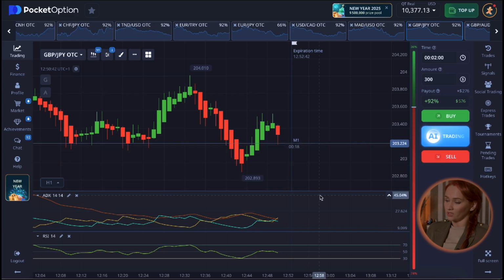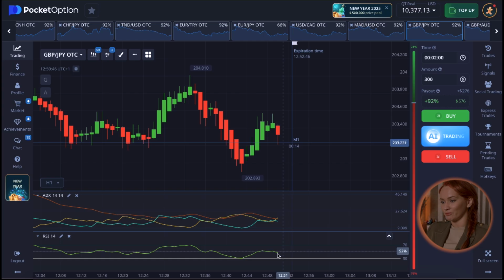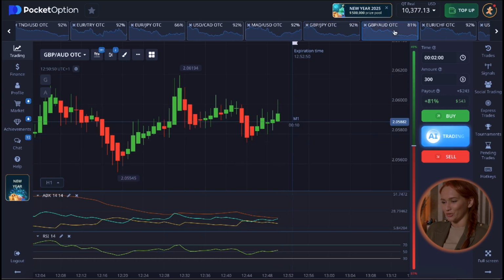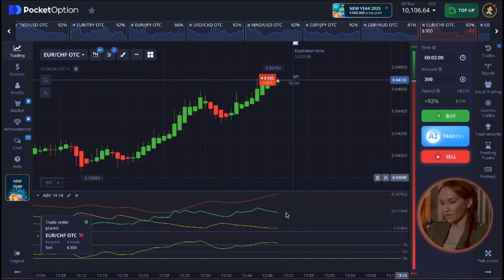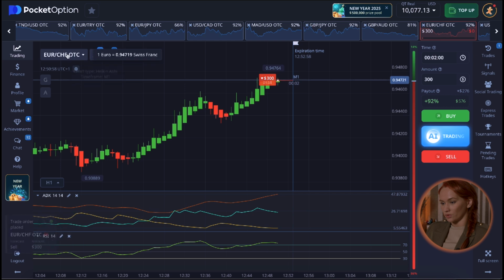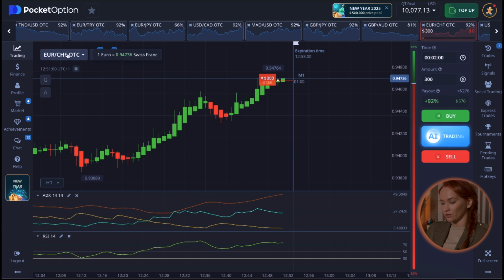We are seeing a deal that has a potential to sell, but at the same time, the RSI is showing a very strange movement, so I will skip this to be safe. Great, we open a sell deal on the Euro Swiss franc currency pair.